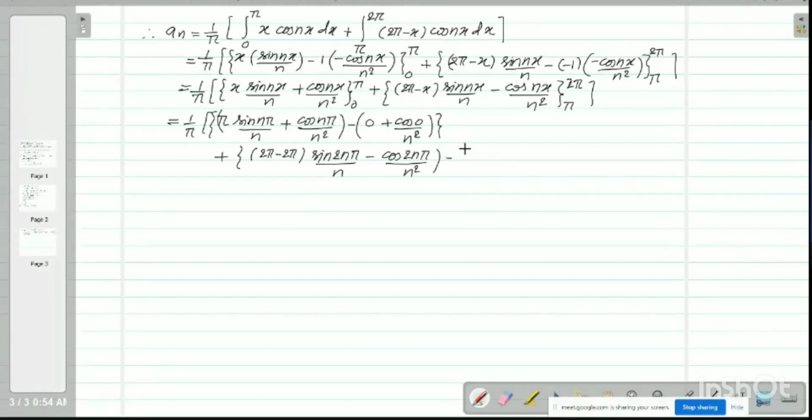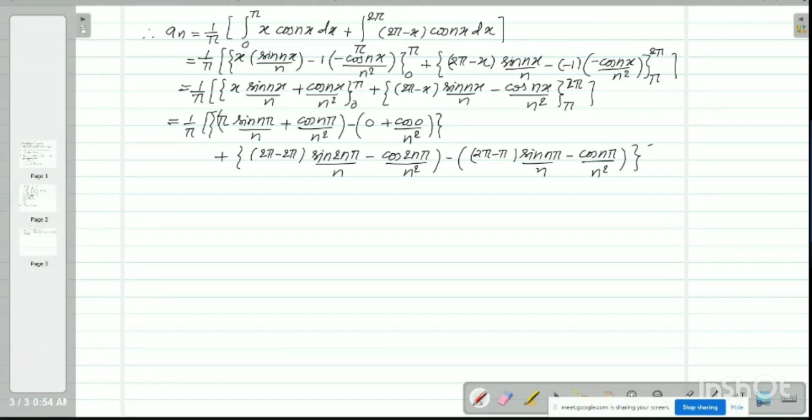Minus the lower limit, which is 2 pi minus pi, into sine n pi by n minus cos n pi by n square.